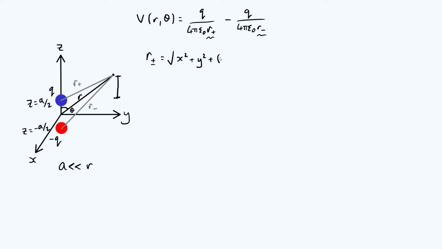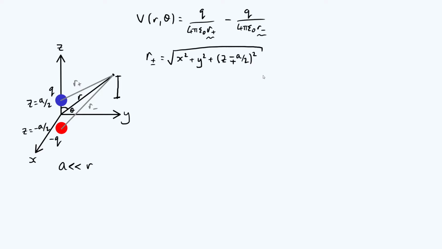And so that distance is actually going to be z minus a over 2. And if we're looking for r minus instead, instead of subtracting off that little bit of distance a over 2, you're going to have to add that distance a over 2. And that whole thing is going to become squared from Pythagoras' theorem, so we're going to square root all of this.